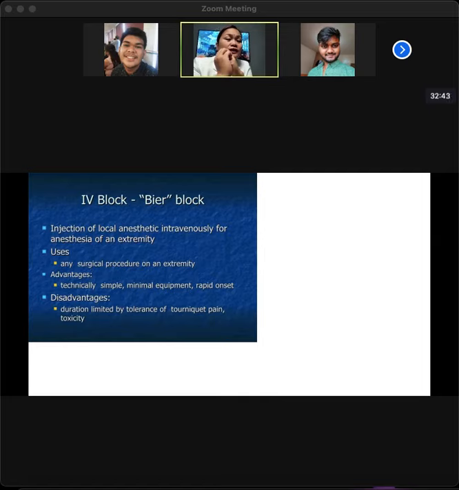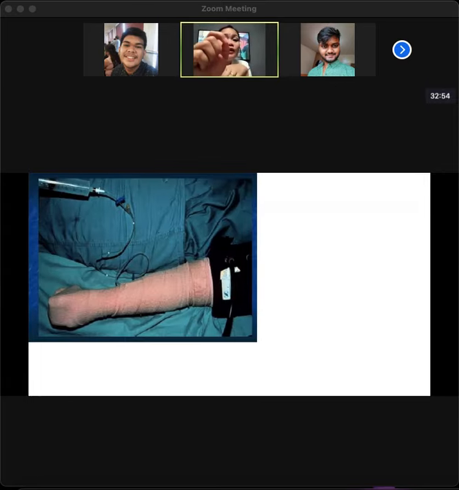The disadvantages: the duration of action is limited by the tolerance of tourniquet pain, and it can cause toxicity. Ito yung how we do the Bier block. We tourniquet the hand, and then we inject the local anesthetic, and after 5 to 10 minutes, we release the tourniquet. After that, the concentration of your local anesthetic will just be here. However, if you give large doses, it may cause toxicity to the patient.